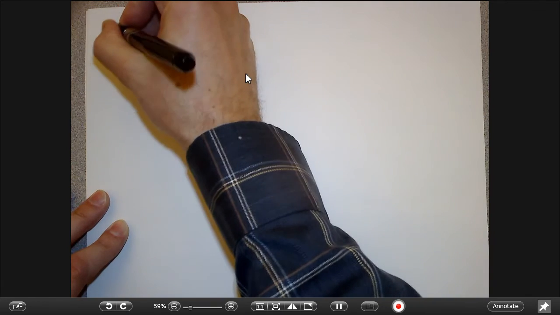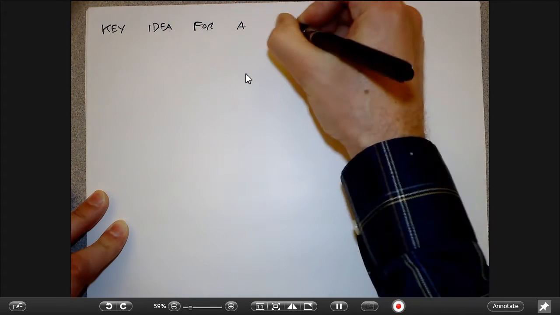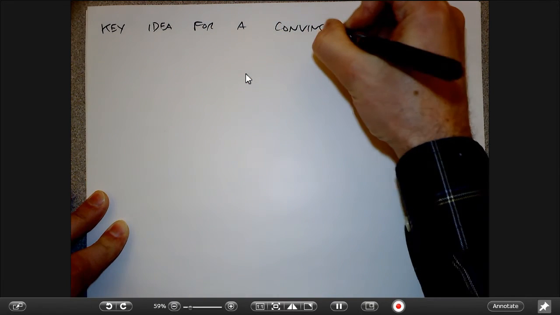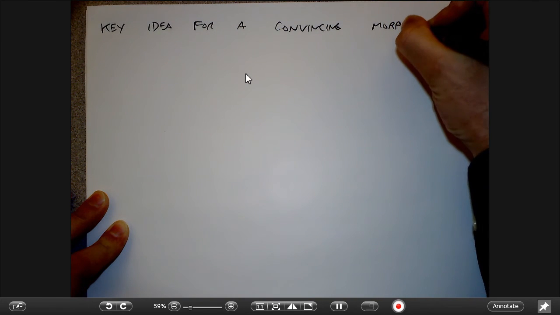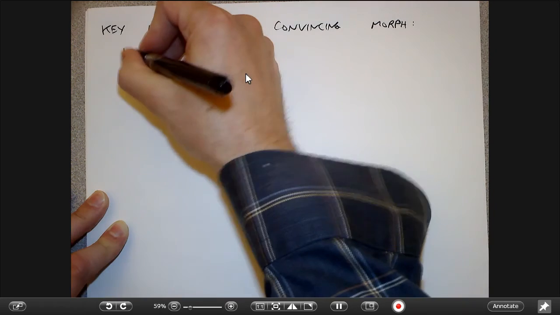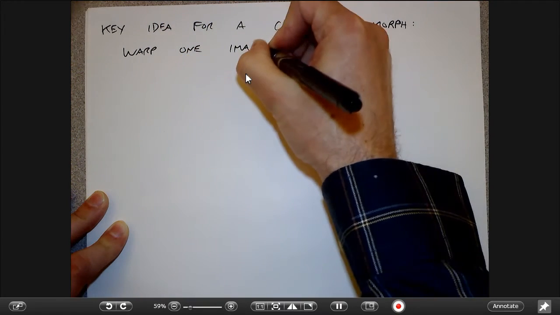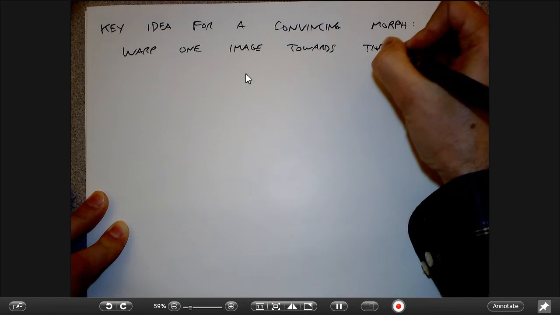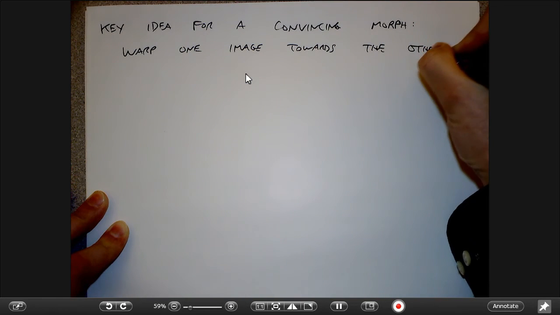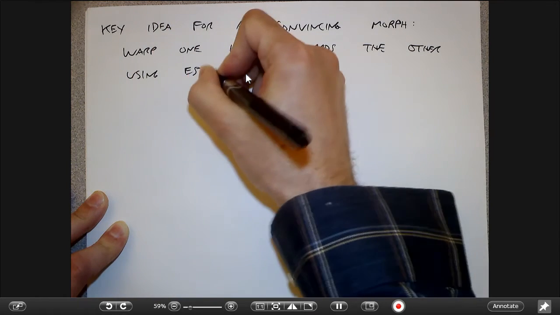So the key idea for a convincing morph is to warp one image to the other. And this warping uses the estimated correspondence between the images.